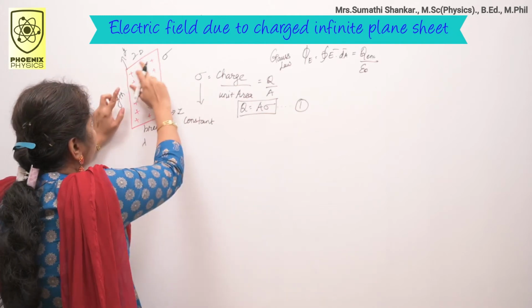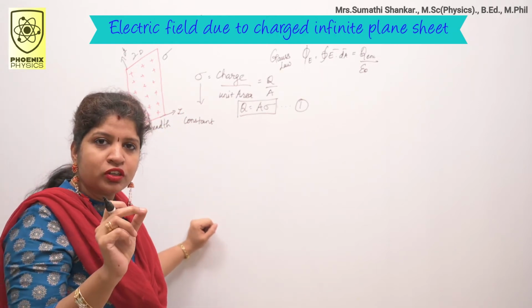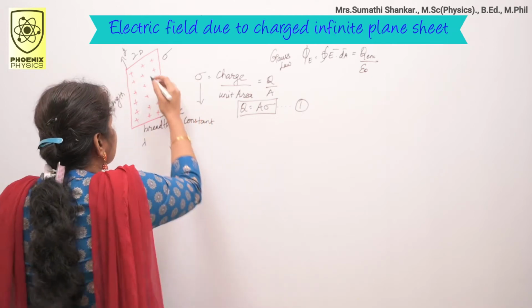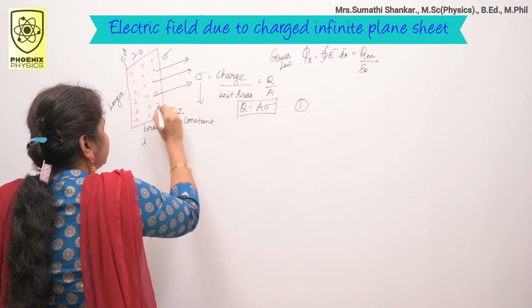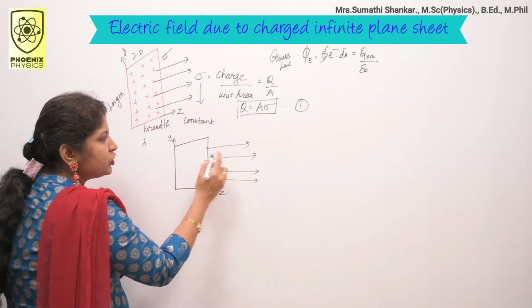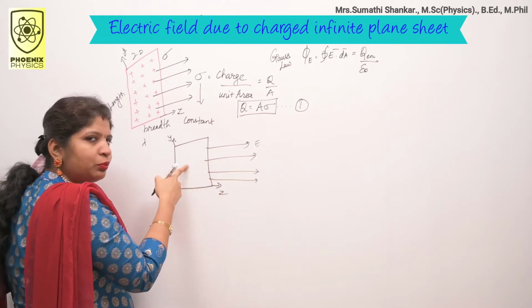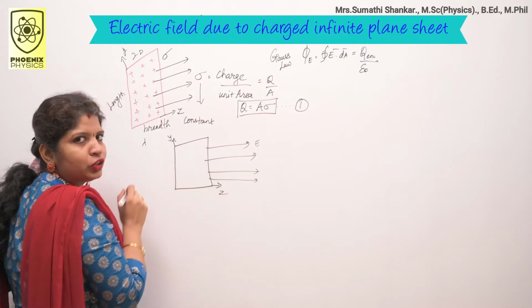We have positive charge. You know that if it is positive charge, E points away from the source charge. So E points radially outward like this. This E direction is radially outward from the sheet. At the same time it is perpendicular to the sheet also.